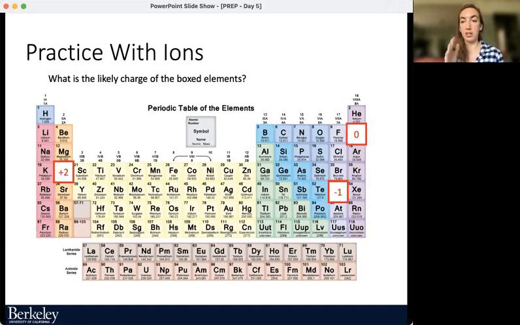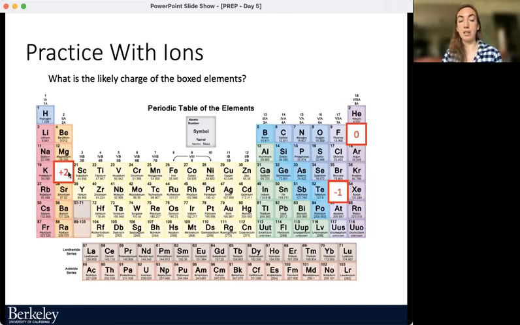So it's still charged and it wants a charge of 0. So it's going to hang out with a second iodine atom to end up with +2 from the calcium and 2 different -1s from the 2 different iodine atoms. So we're going to have calcium and 2 iodine atoms.